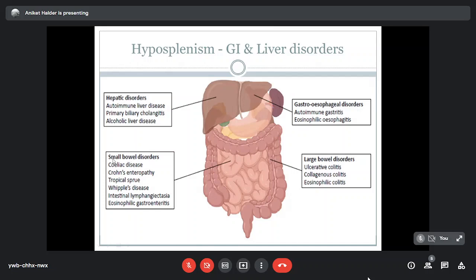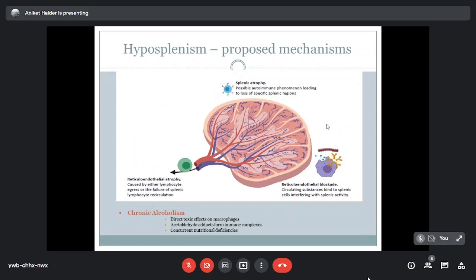Celiac disease is associated with consistent forms of hyposplenism, and Crohn's disease, tropical sprue or Whipple's disease can also cause hyposplenism. Autoimmune gastritis and eosinophilic esophagitis are also speculated to cause hyposplenism, and IBD is also associated with hyposplenism.